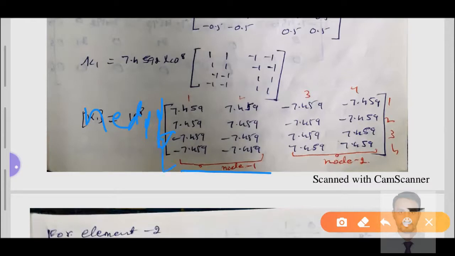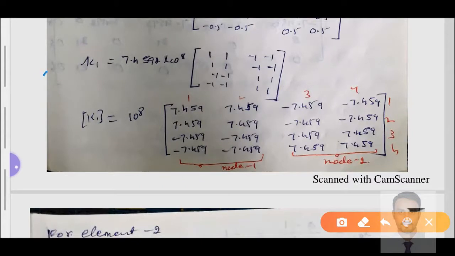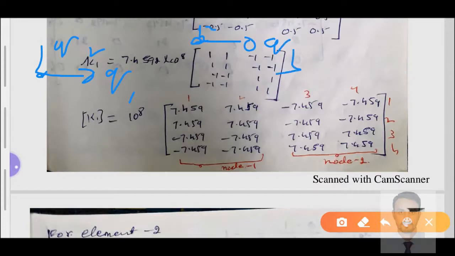Then these two characteristics, and this fully row number 3, are node number 2 characteristics. Why? Each node has 2 degrees of freedom. The first node has 2 degrees of freedom, Q1 and Q2. The second node has 2 degrees of freedom, Q3 and Q4. This lies between two nodes, which is called element number 1.